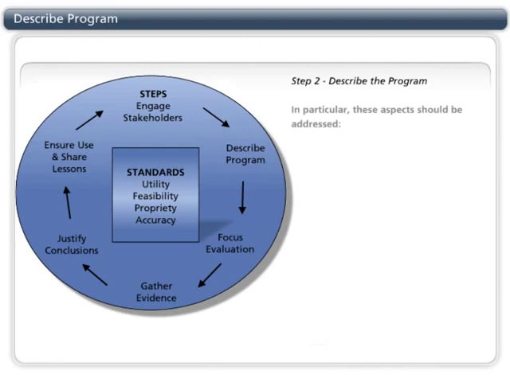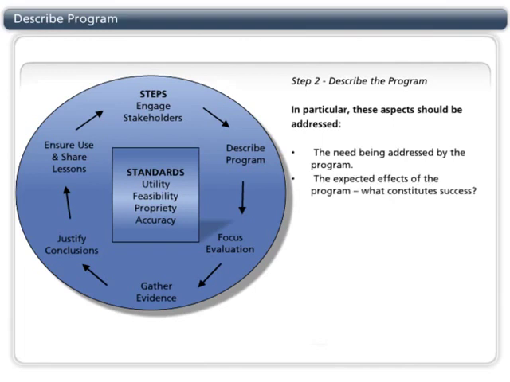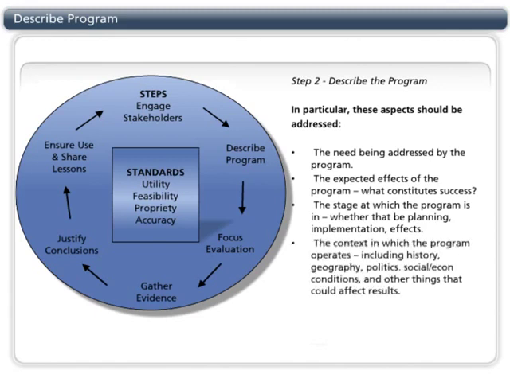In particular, these aspects should be addressed: the need to be addressed by the program, the expected effects of the program, what constitutes success, the stage at which the program is in, whether it be planning, implementation, or effects, the context in which the program operates, including history, geography, or politics, social economic conditions, and other things that can affect results. A flowchart or logic model that describes how the program is supposed to work.